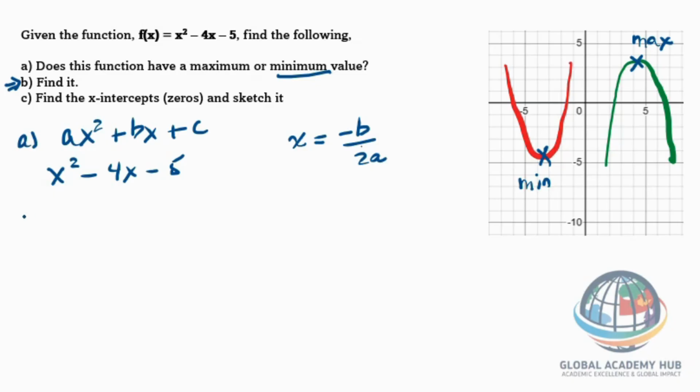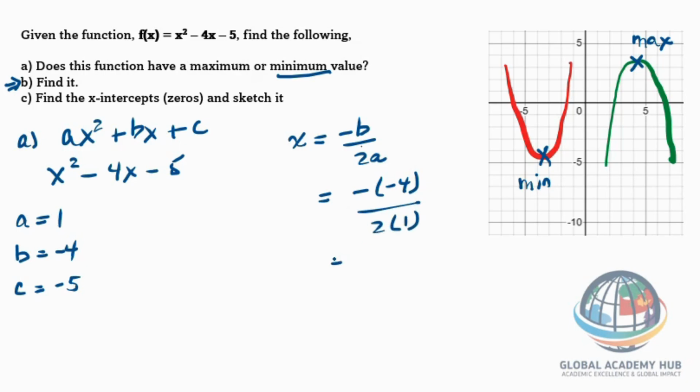So in this function, a is equal to 1, and b is equal to minus 4, and c is equal to minus 5. Now we won't be using c. Let's apply what we know here: minus b, which is minus minus 4, divided by 2 times a, which is 1. And so this is 4 over 2, and so that is 2.